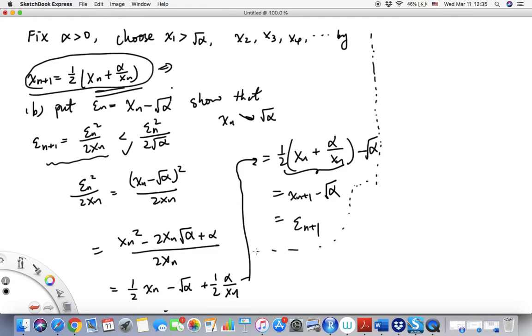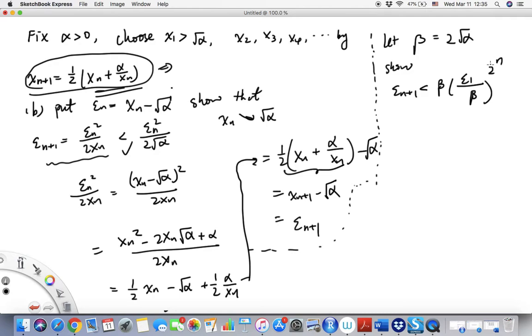So this part B is not quite finished yet, because we have a part B of part B, which says let beta equal 2 square root of alpha, then we show epsilon n plus 1 is less than beta times epsilon 1 over beta to the 2 to the n. Okay.